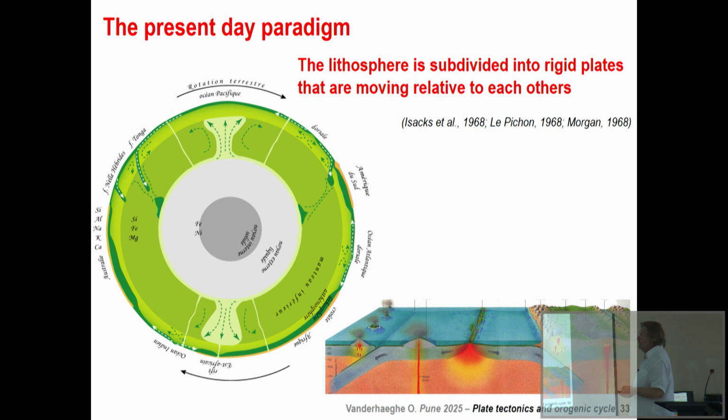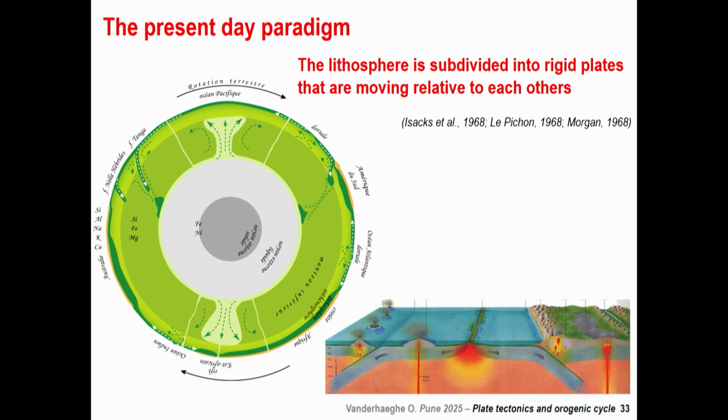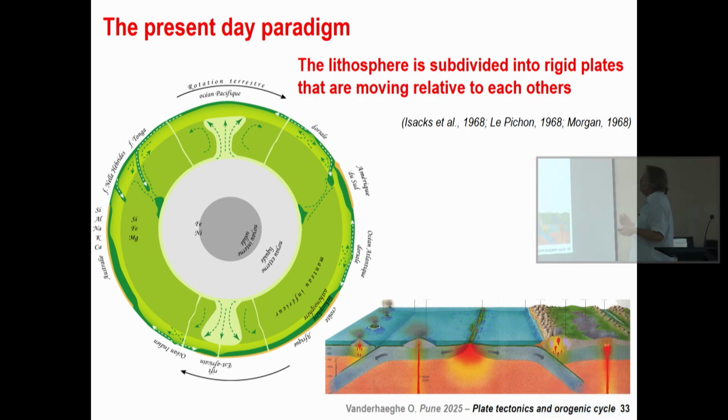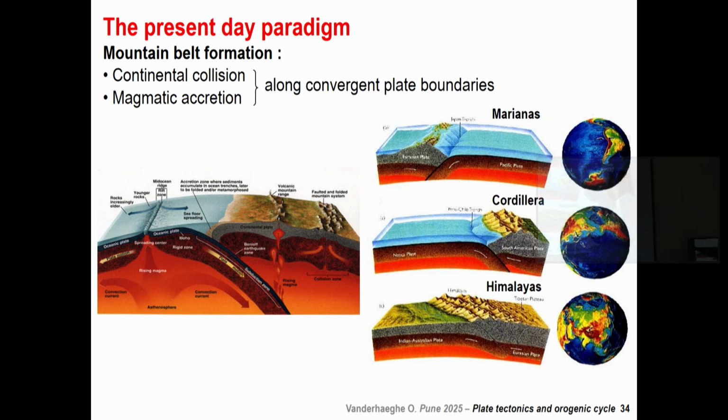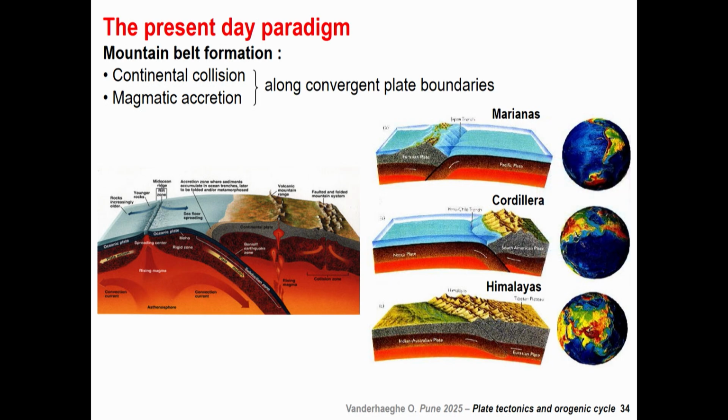So that brings us to the present day paradigm. The lithosphere is subdivided into rigid plates that are moving relative to each other. And mountain belt formation in that frame is related to plate convergence, mostly, which brings magma from the mantle to the crust, and that leads to crustal growth of continents. And then there are different types of convergent plate boundaries that involve either oceanic plates on both sides, and that's only growth of crust by magmatic processes.